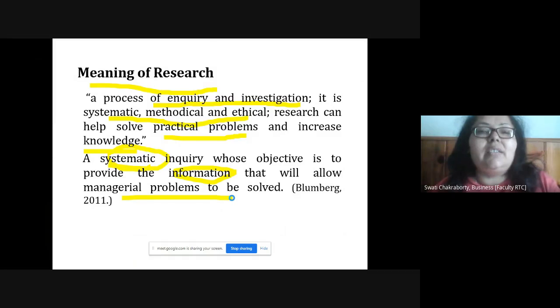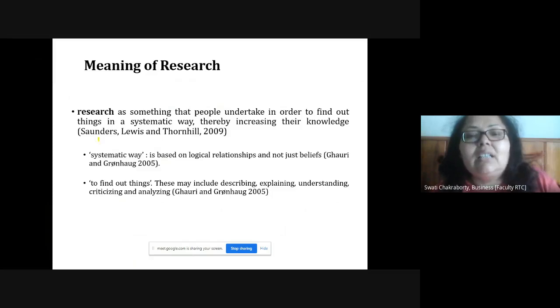Again, these are different definitions given by different experts. Research is something which people undertake to find out things in a systematic way, which helps in increasing our knowledge.